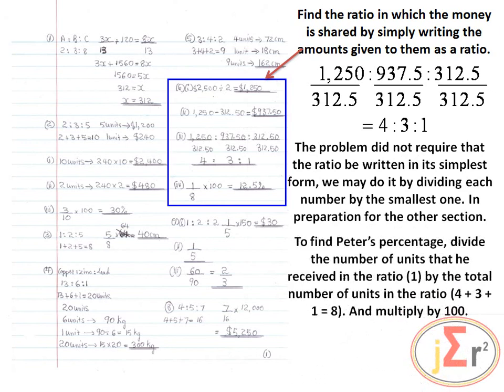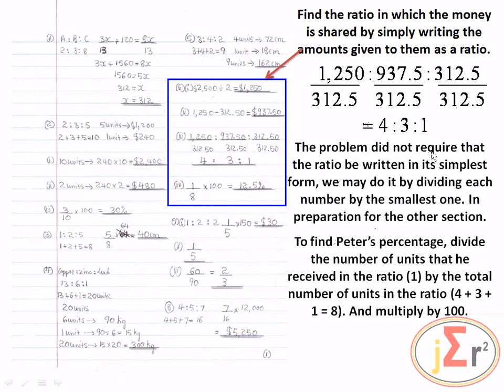To find Peter's percentage, divide the number of units that he received in the ratio, which is 1, by the total number of units in the ratio, which is 8, 4 plus 3 plus 1, and multiply by 100. Alright, let's go again. To find Peter's percentage, what do we do?